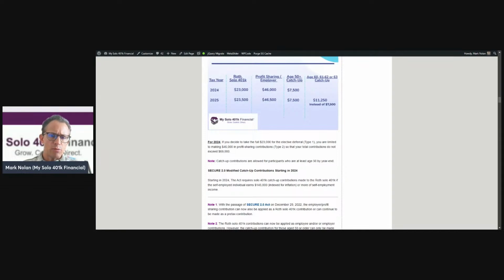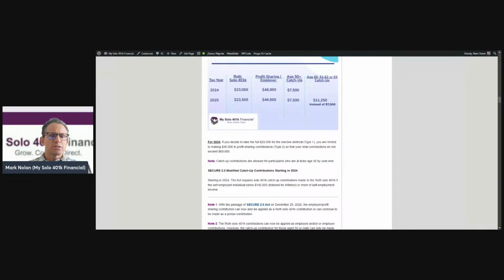Well, let's muddy it up a little bit more by talking about the catch-up contributions. So catch-up contributions are for those who are age 50 or older. Now, those are always going to be considered employee contributions, and you can apply them as an employee Roth solo 401k contribution or as a pre-tax employee solo 401k contribution.